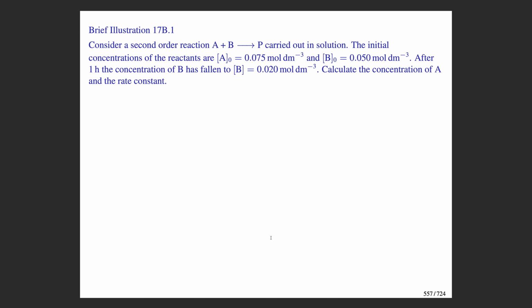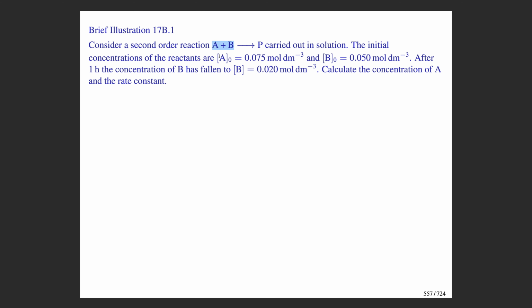What they want to know is the concentration of species A, which we can get from the stoichiometry, right? It's a one-to-one relationship, so you can deduce what the concentration of species A is from the stoichiometry.